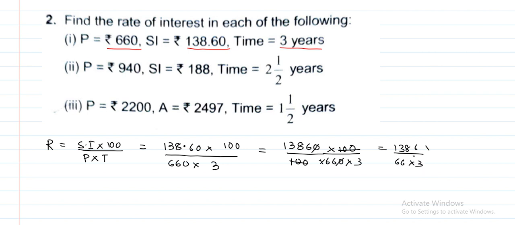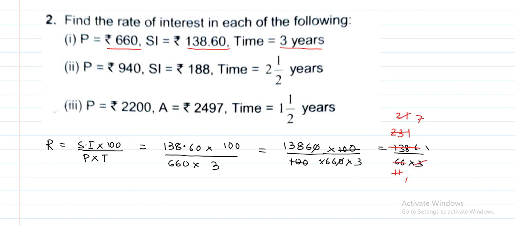Now we will see whether it is divisible by 6. 6 into 11 is 66, 6 into 2 is 12, 6 into 3 is 18, 6 into 1 is 6. So 231 is coming. Again it will cancel by 11: 11 into 1 is 11, 11 into 2 is 22, remaining 1, 11 into 1 is 11. And again it cancels by 3, giving 7.